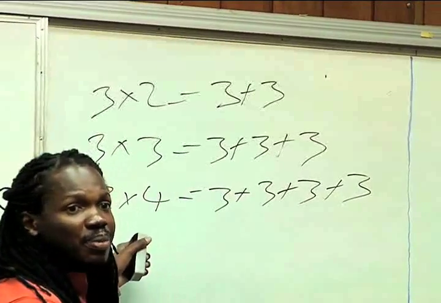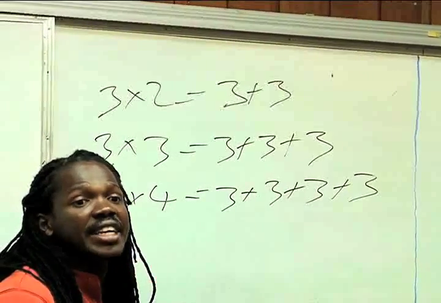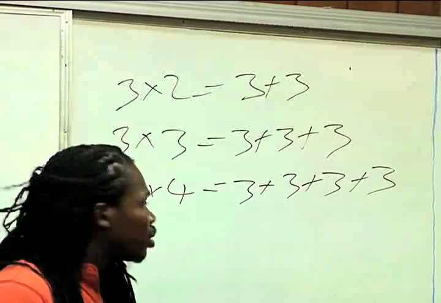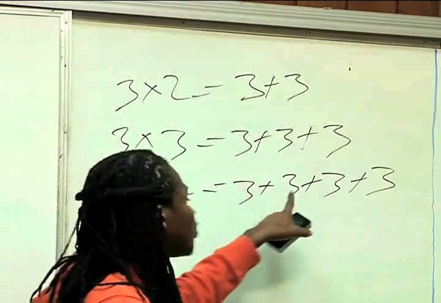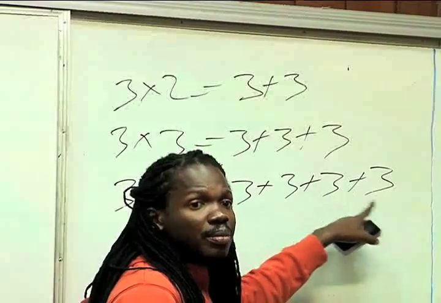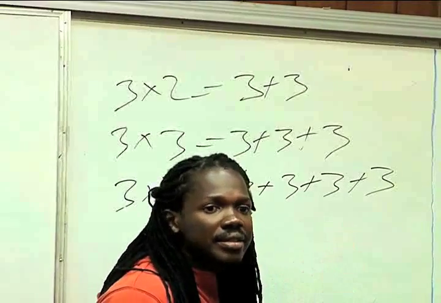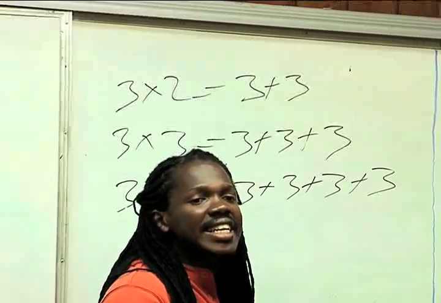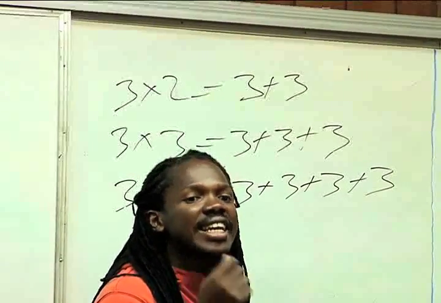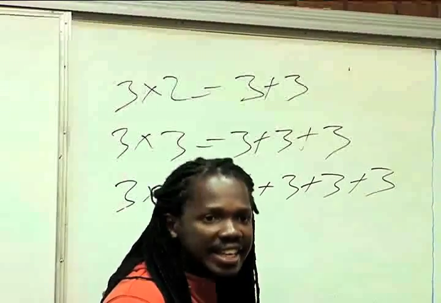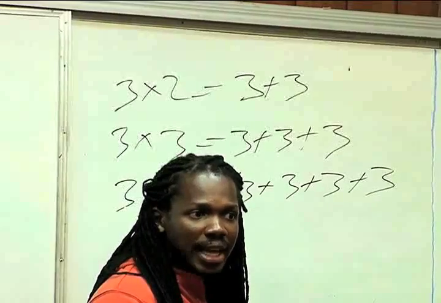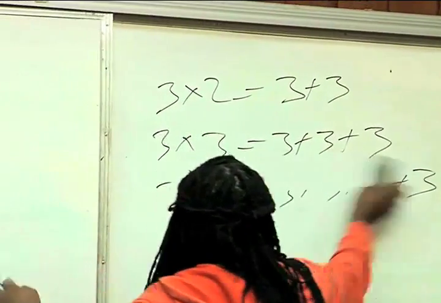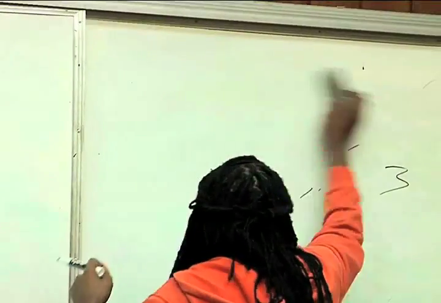So all multiply means is that you add it to itself X amount of times. That's why when you say 9 nines is 81, then 10 nines is going to be 81 plus 9. Everybody understand?